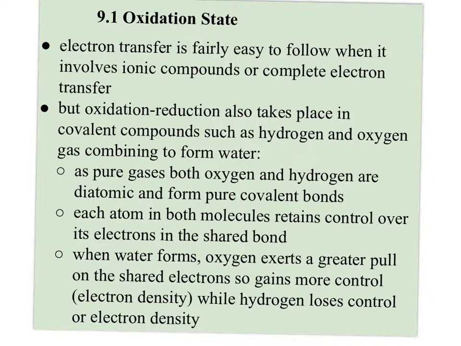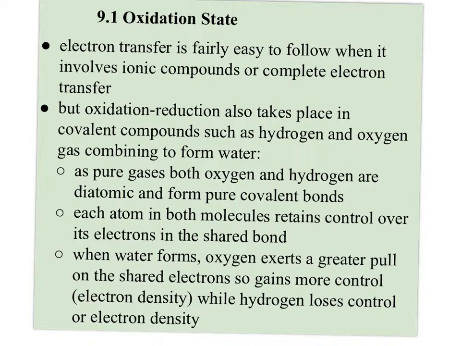Remember, when we have an oxygen atom, it's very polar because there's a very negative end to the oxygen end, a very positive end to the hydrogen end. What that is showing is that change in electron density. Oxygen now is said to have an oxidation state of -2. It has essentially gained 2 electrons by pulling this shared pair much closer to it.